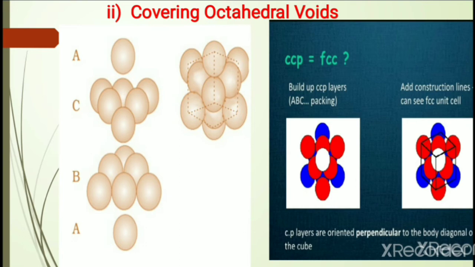Here the close packed structure is equal to the face centered cube, because the layers are oriented perpendicular to the body diagonal of the cube, and each body diagonal consists of atoms, and each face diagonal also consists of atoms.